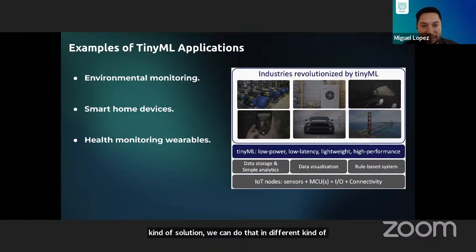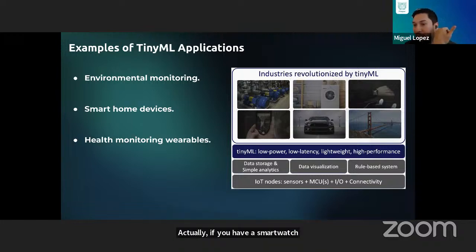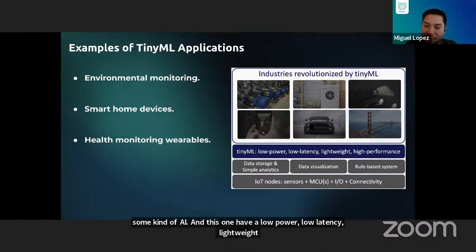Well, examples of tiny machine learning applications in general. Actually, if you have a smartwatch, you actually have this kind of technology because you are having some kind of monitoring, and if you have some kind of prediction, an estimation, you have some kind of AI. And this one has low power, low latency, lightweight, and actually different solutions.